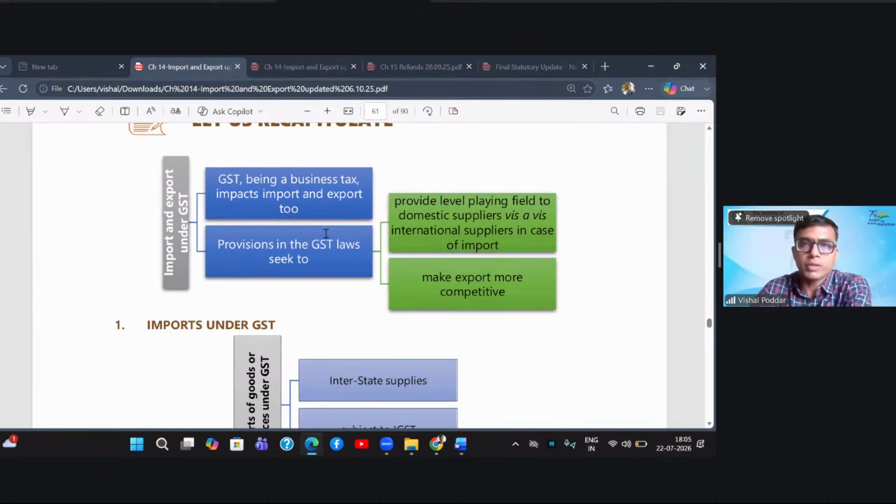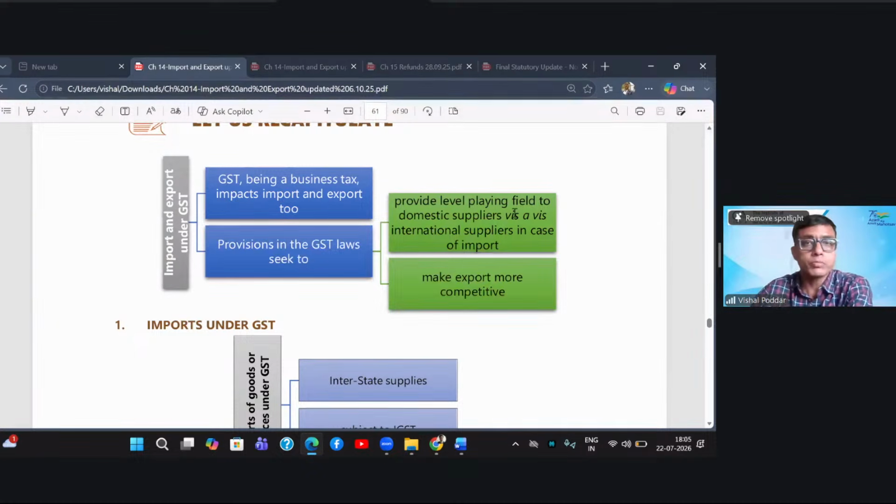Why? So the reason is, as you can see, to provide a level playing field even to domestic suppliers vis-a-vis international suppliers when it comes to import. So let us say if you are procuring any service internally, or if you are procuring any goods internally. When I say internally, I mean within India, which is also called domestic. So over there, those goods and services are levied with our local taxes, correct?